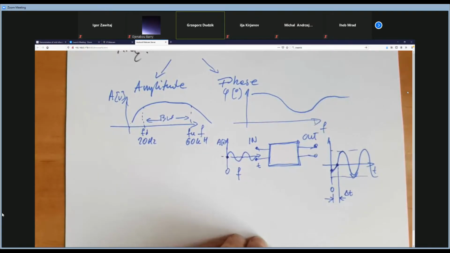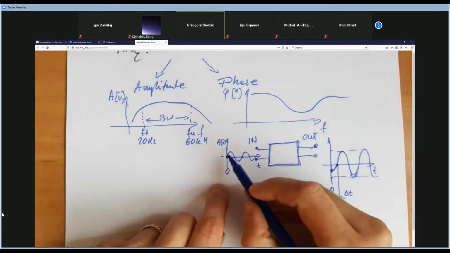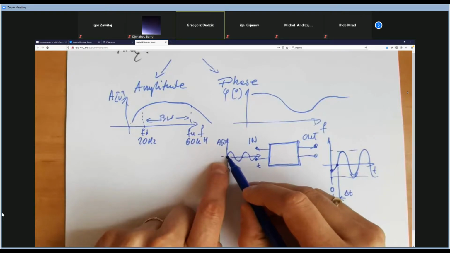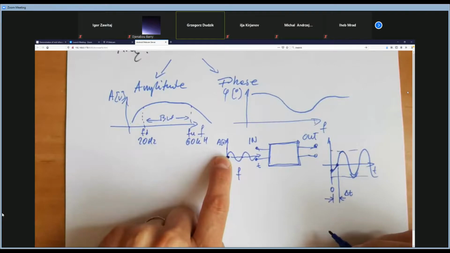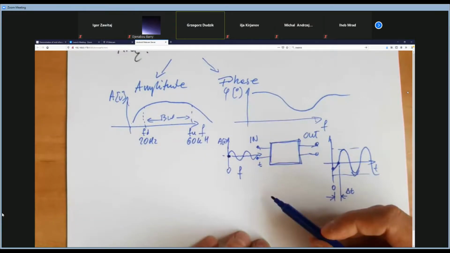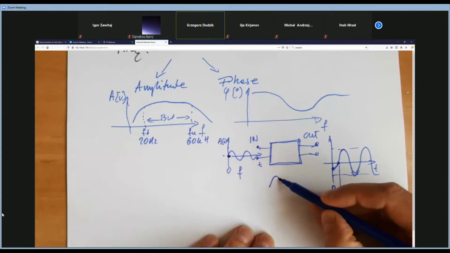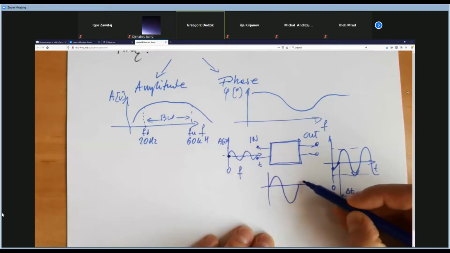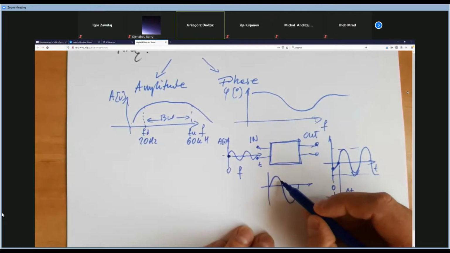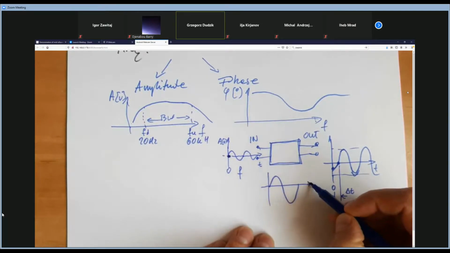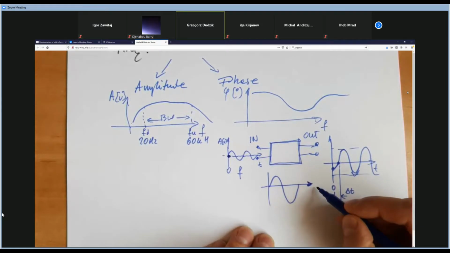So in other words, we can say that the beginning of the sine waveform on the input appears on the output after some time equal delta t. Right. But we know that if we've got the sine waveform, we can redefine the values of the x-axis in a different way.